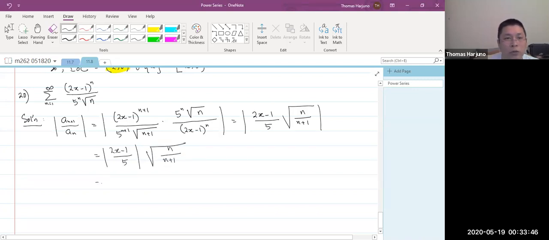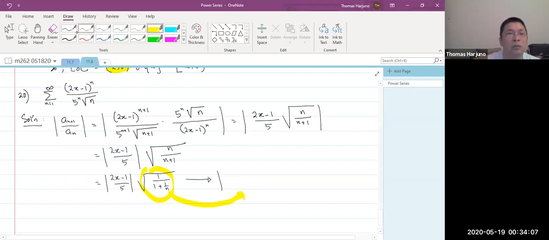Of course, I still need to do that routine. That's the square root of 1 over 1 plus 1 over n, which will converge to 1.